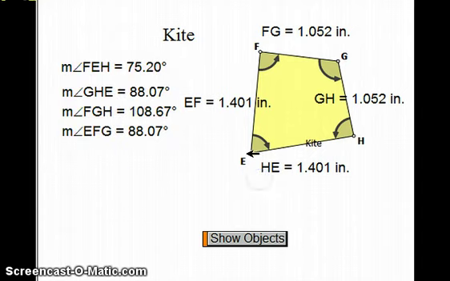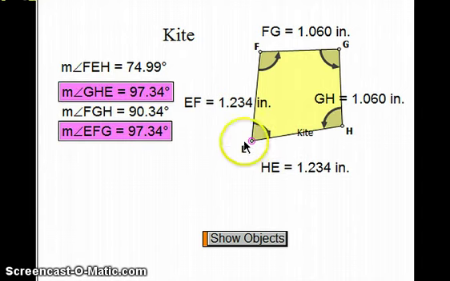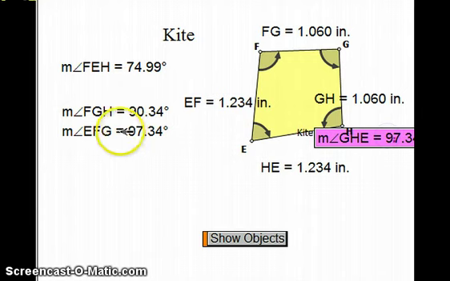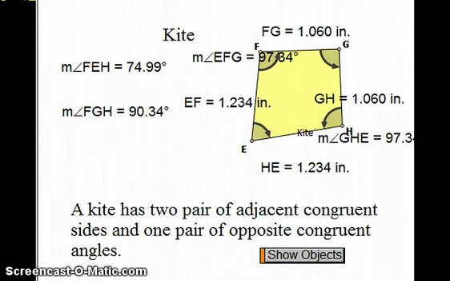As I change this kite, the angles that are congruent are the opposite angles. Here we have angle GHE and angle EFG. So a kite has two pairs of adjacent congruent sides and only one pair of opposite congruent angles.